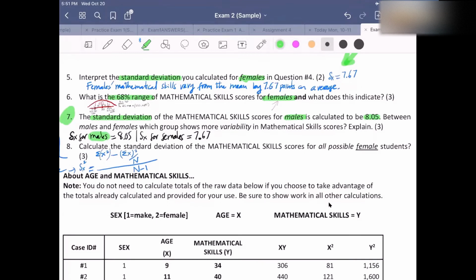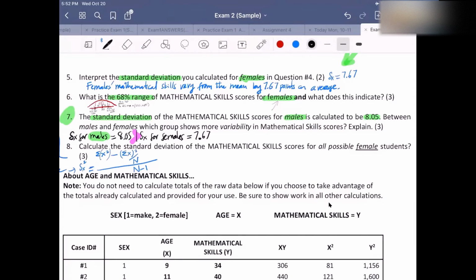So that means that for males the standard deviation is larger, right? So it means that the scores of males are more spread out. They're more spread out. So that means that males show more variability.